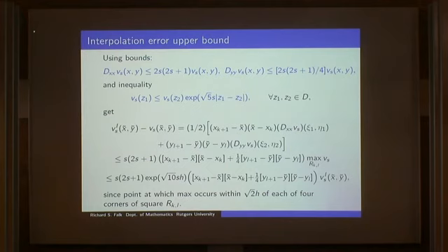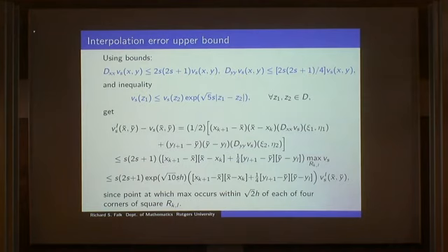Okay, so I have my upper bounds. I have my inequality. I plug all this into the error estimate for bilinear functions, which involves these pure second derivatives. And the whole thing, just like in the one-dimensional case, can be bounded by all things that are given explicitly, again, times the interpolant.